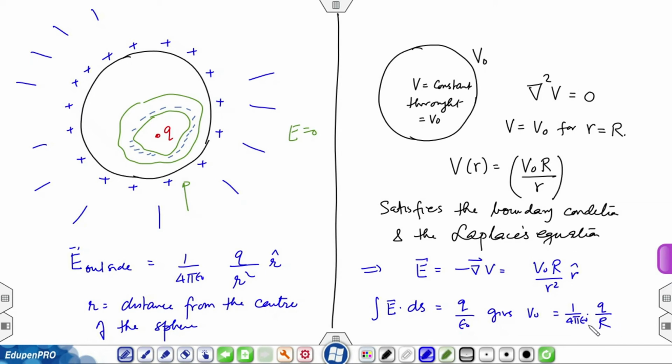So, we have done it mathematically, we have also argued, so that you develop an intuitive feeling about the electrostatics that we are doing.